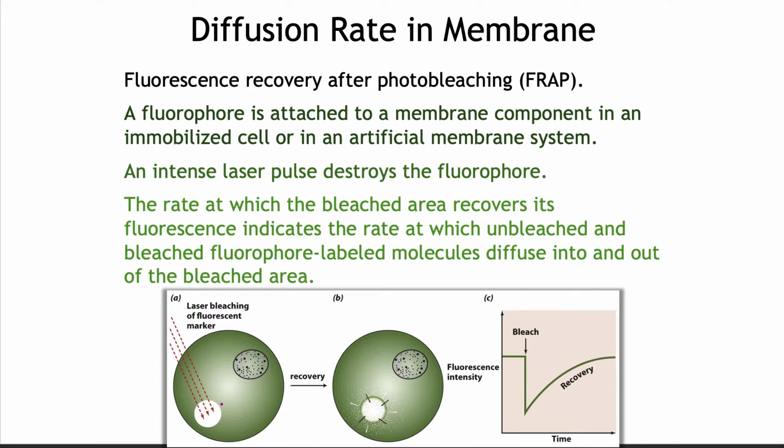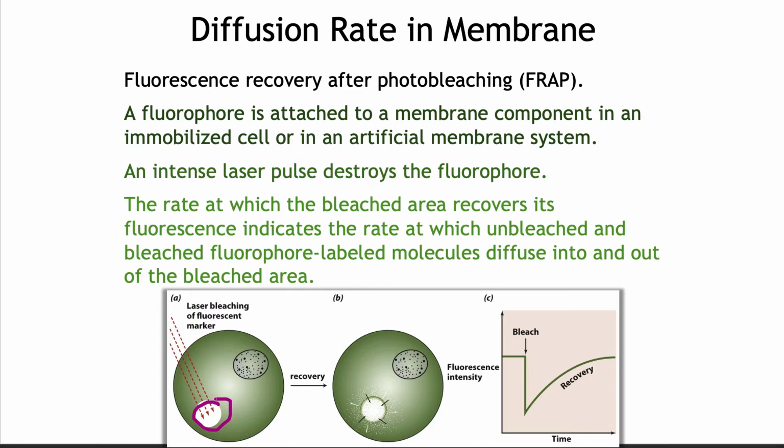So in one technique, what we do is we take a small region of the cell surface, and we attach fluorescent markers to the lipids, right? And then we bleach that specific region by an intense laser radiation until that region no longer fluoresces, so it completely bleaches it.